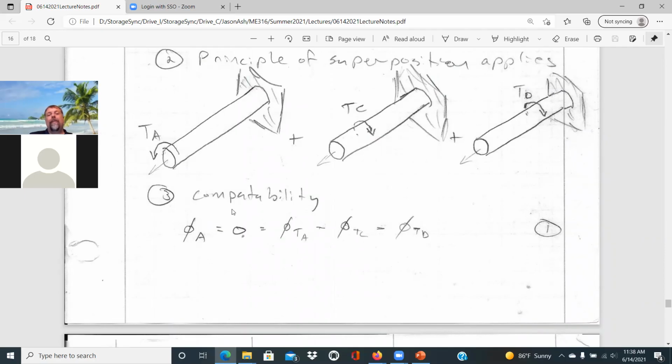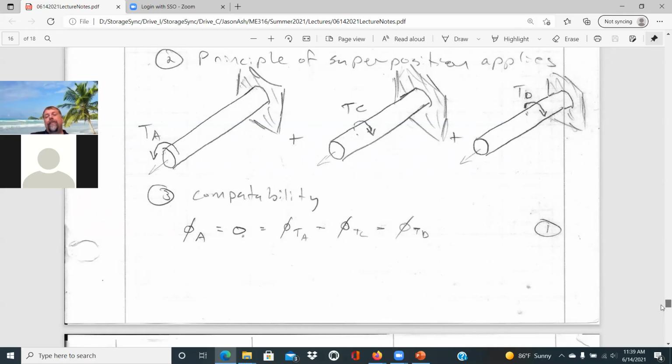It can't twist at all. And so that's going to be really the twist due to the torque at A minus the twist due to the torque at C minus the twist due to the torque at D. And so this is now our compatibility statement to force the far left side to have 0 rotation.